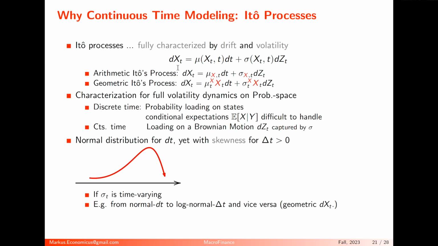I know x now. How is the innovation distributed for the next instant? It's a normal. But if I take any finite length, not an instant but a longer period, it can be any distribution, depending on how the sigma is specified. It depends primarily on the sigma; the drift just moves the whole distribution.